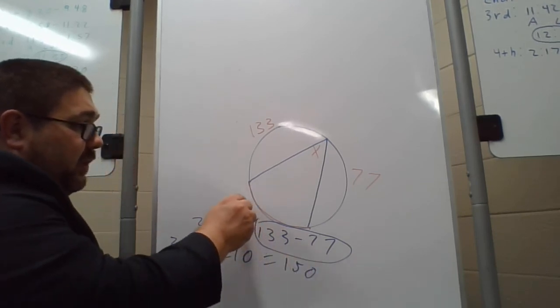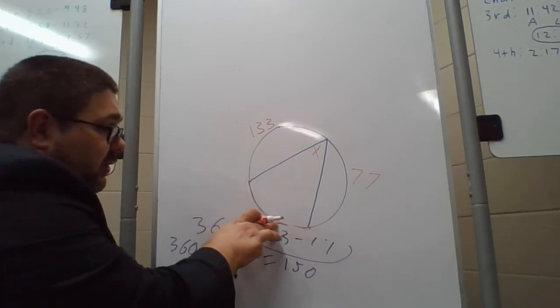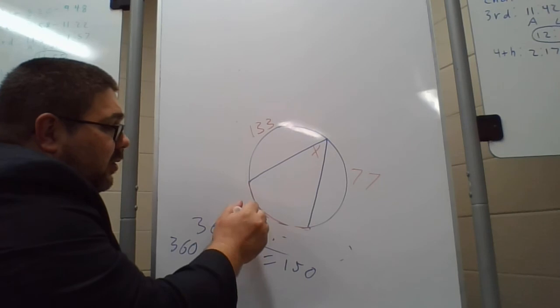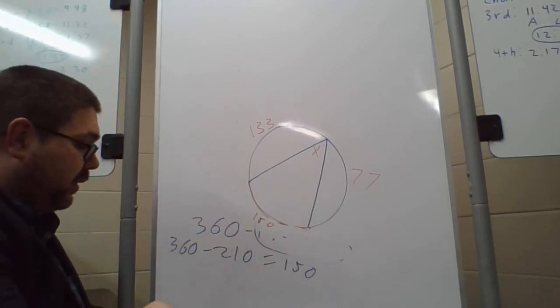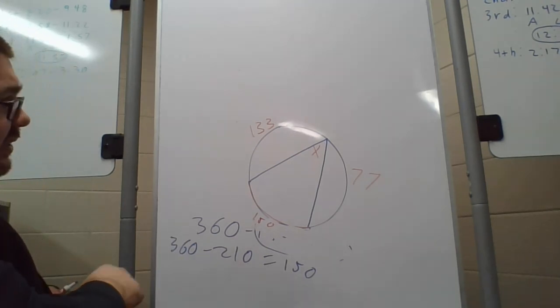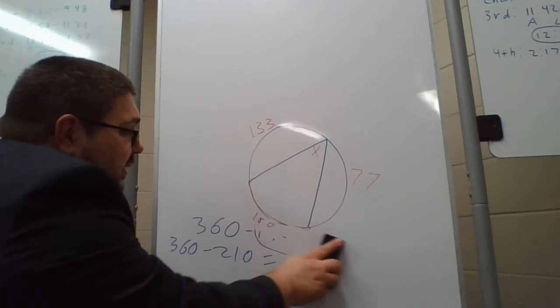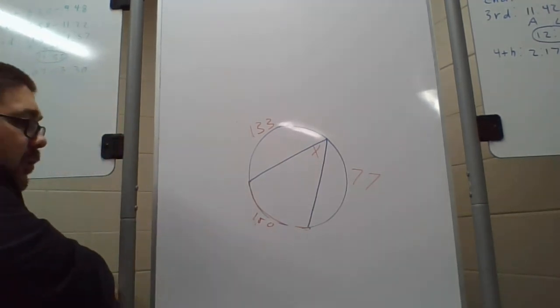So here I can put, let's erase it. I don't want to have all this so close to it, okay? 150. 360 minus 133 minus 77 is 150.